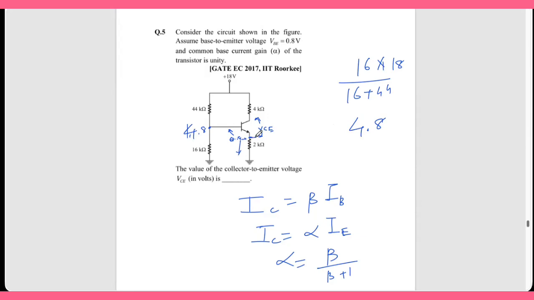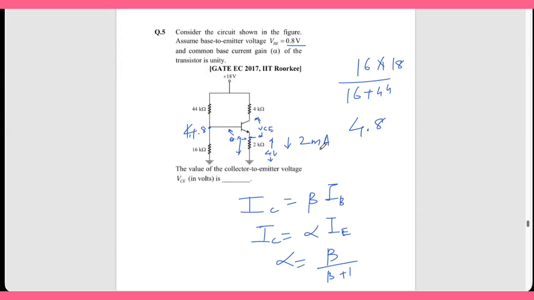So 4.8 minus 0.8 is 4 volt here. So what is the IE? 4 divided by 2K. That is 2 milliamp. Yes, sir.